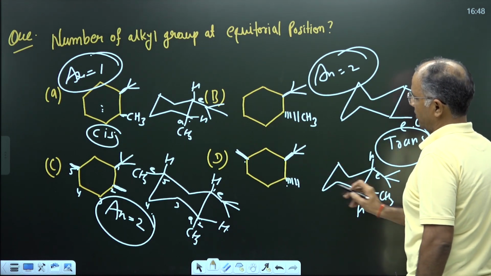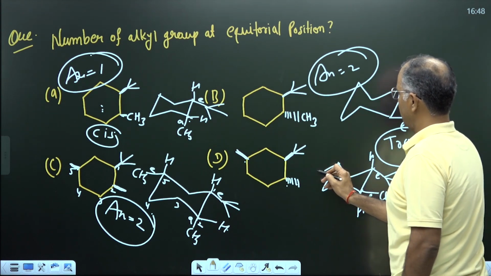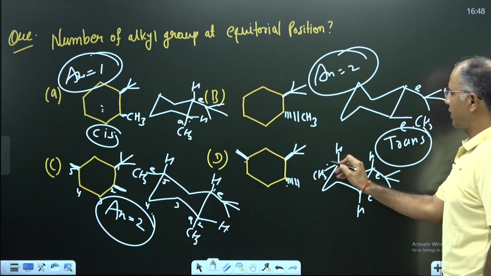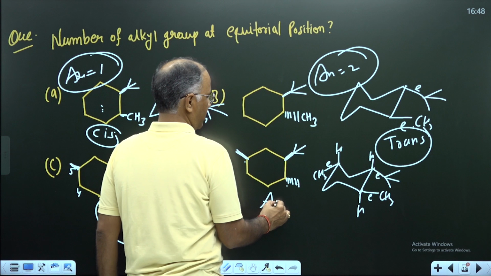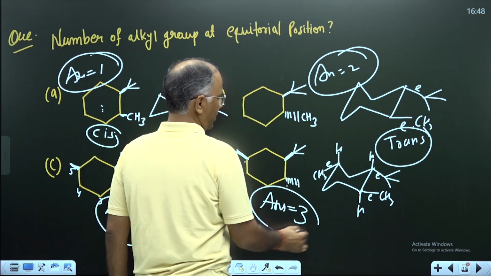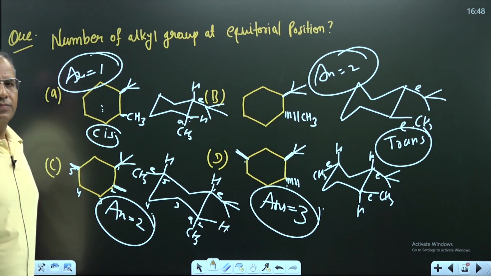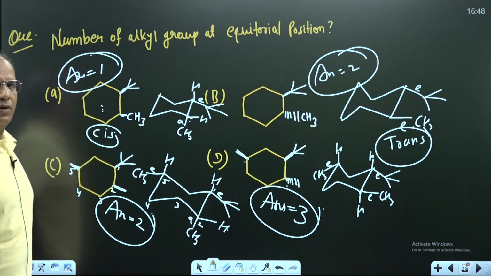So methyl after 2 CH2, trans form means it is up and it must be down. So how many equatorial positions are there? In example D, the number of equatorial positions is 3. Got it?